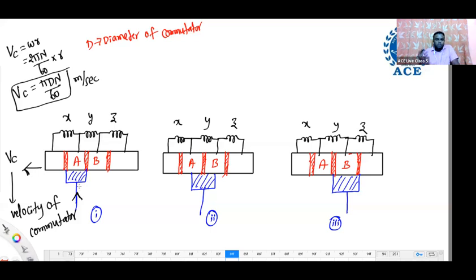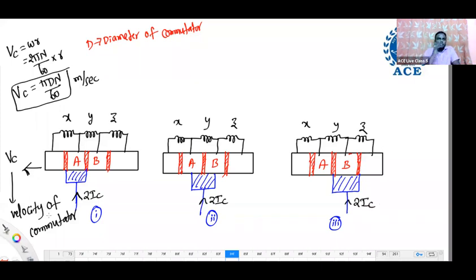You can take any value of current here, for example 1 ampere, 2 ampere, 10 ampere, 100 ampere, or anything you can assume. But I'm assuming it is 2 Ic, where Ic means current in each coil. Current entering at brush is 2 Ic.